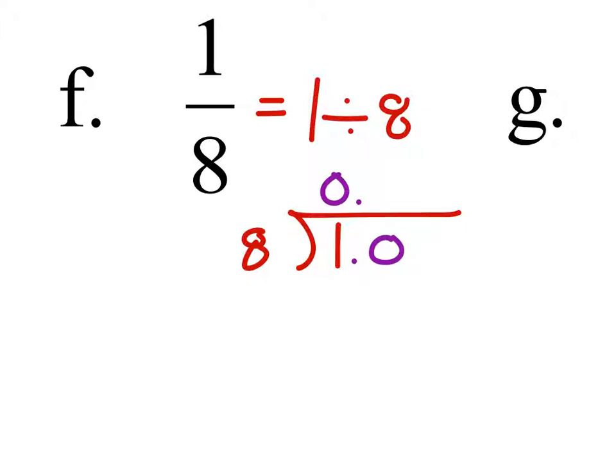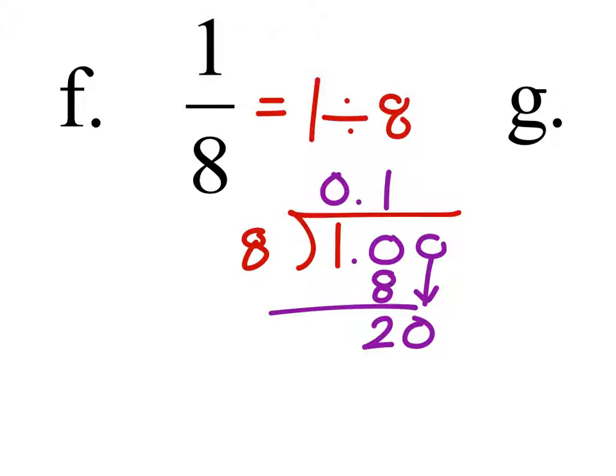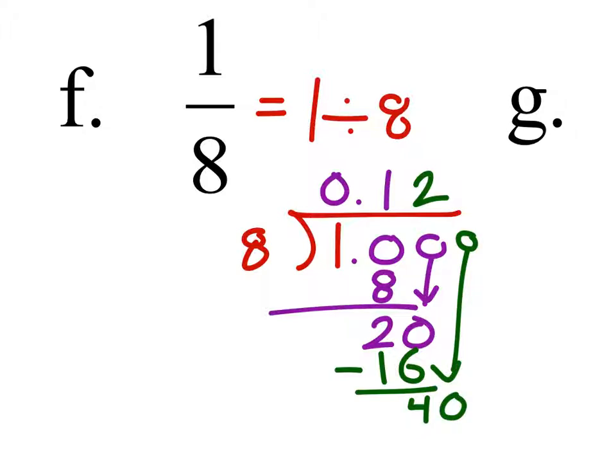And 8 will go into 10 once. 1 times 8 is 8, which gives me 2. 8 doesn't go into 2, but if we drop a 0, make that 20. 8 will go into 20 twice. 2 times 8 is 16. So I'm left with 4 right here. Again, 8 doesn't go into 4, but it will go into 40. And it will go into 40 5 times. 5 times 8 is 40. Bam, 0 remaining. There is our decimal.